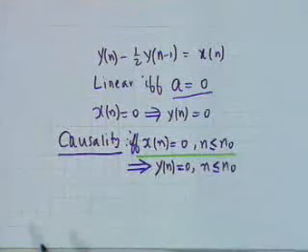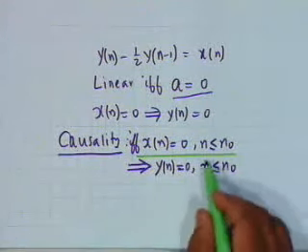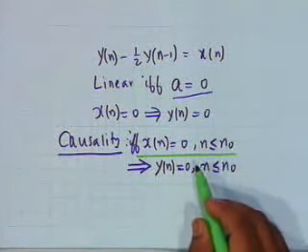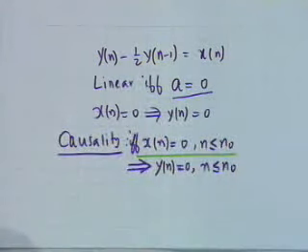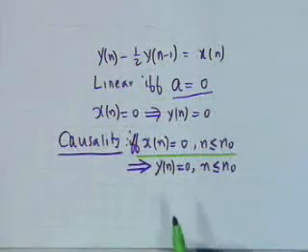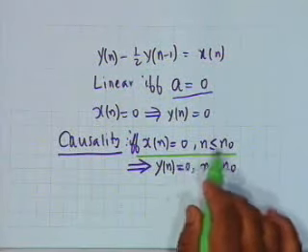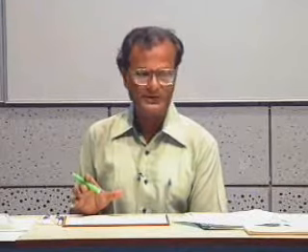On the other hand, causality requires a condition in a range, and this range is infinite. That is, n less than or equal to n0 means n starts from minus infinity to n0. So it's a range of n or a range of time.